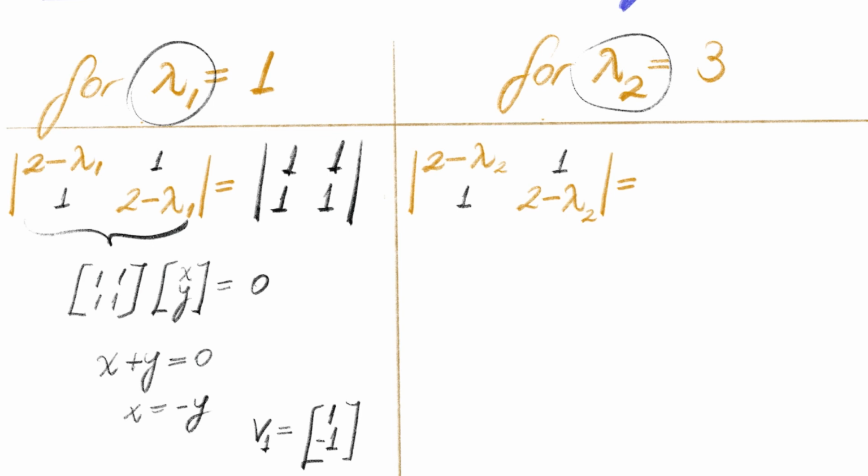Let's do the same thing for the second eigenvalue, lambda equals 3, which is 2 minus 3 is negative 1, and this one stays the same, this one stays the same, 2 minus 3 is negative 1. So we set the equation again.